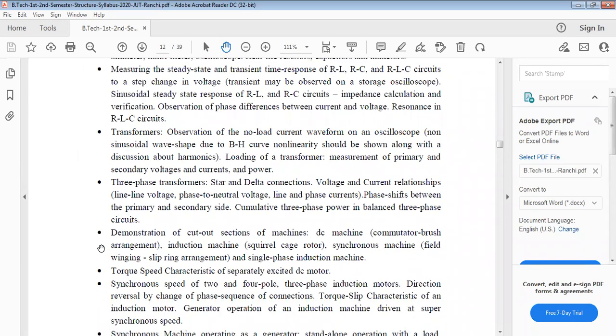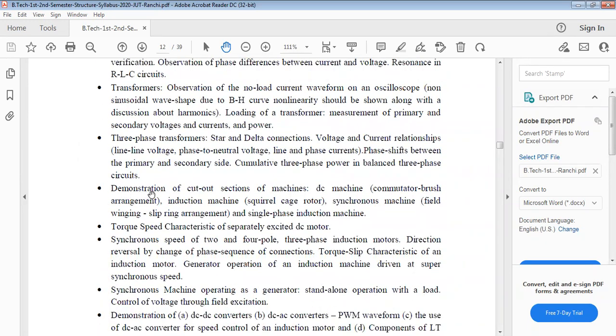The next experiment you can clearly see on your screen is the demonstration of cutaway section of machine. It is a very interesting experiment. In this experiment, we will get to know the cutaway section. Let there be a DC machine.